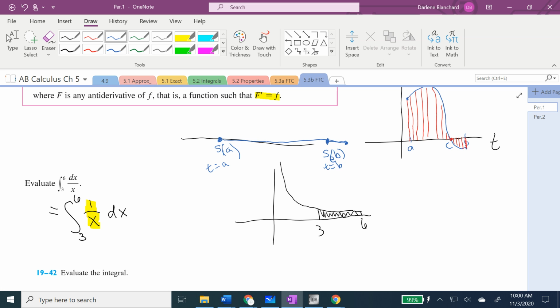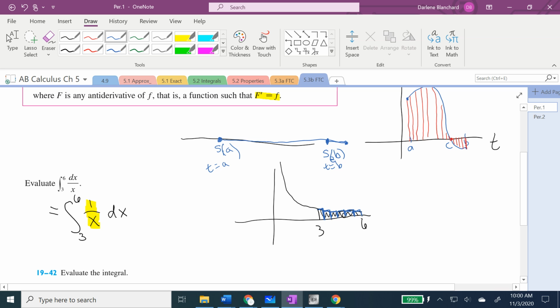But the way we're doing it is we're cutting this up into a bunch of pieces. And those pieces we're cutting it up into are rectangles. Each of the areas of the rectangles are a value of that function.